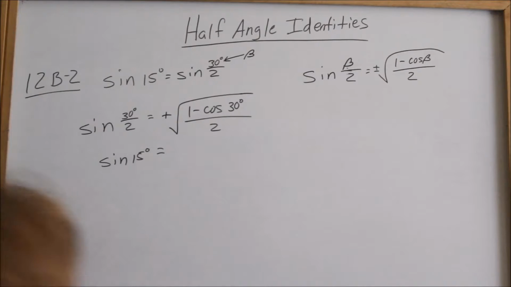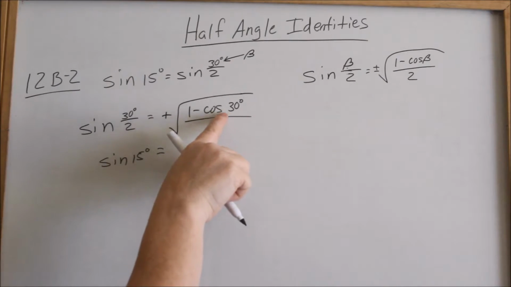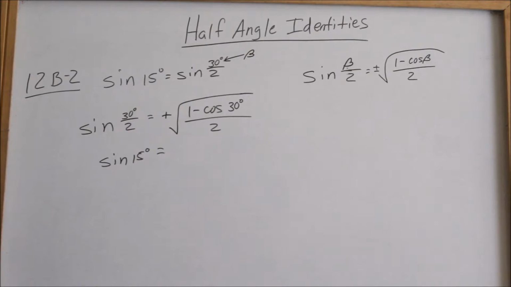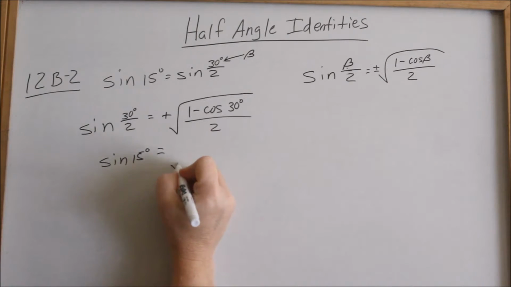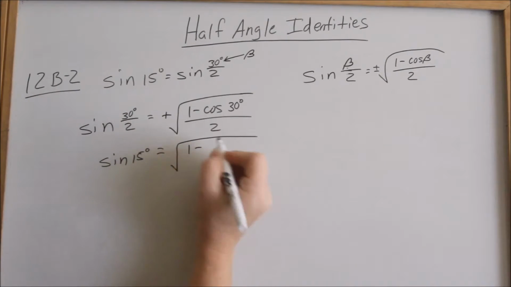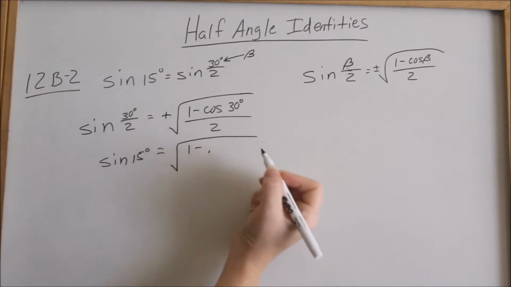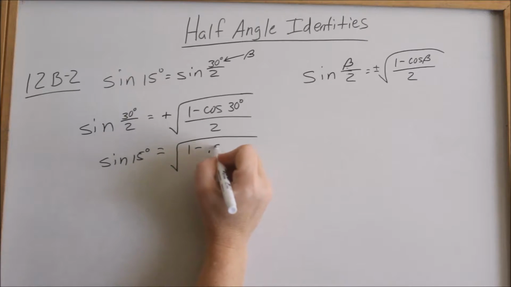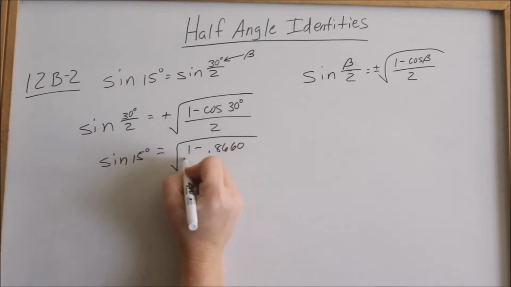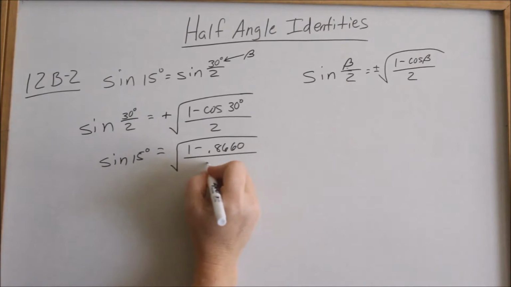Instead of fraction or radical forms, we're going to put everything into decimals. And remember, when we do trig values in decimal, you do it to 4 decimal places. Cosine of 30 degrees is 0.8660.